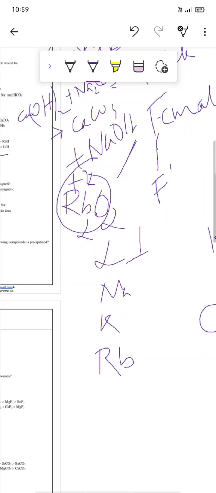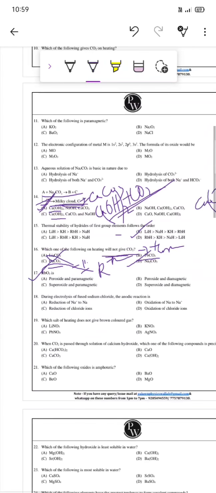This is first group, so plus 1, this is plus 1, so this should be minus half. That's why it is superoxide, and superoxides are paramagnetic.